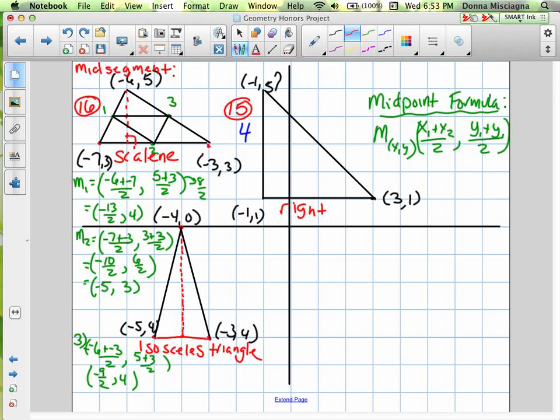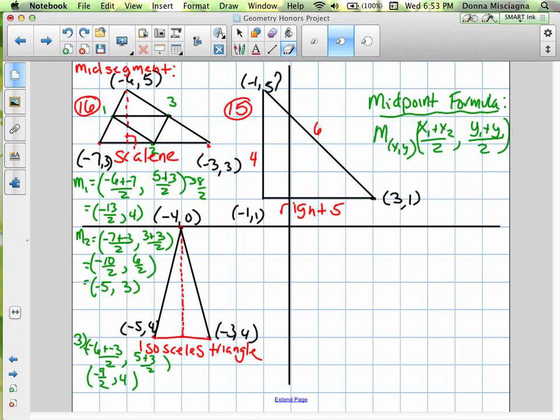All right, so let's take a look at this one here. All right, so let's find our midpoints. So we've got, I'll just call this side 4, side 5, and side 6. Ignore that 4th.